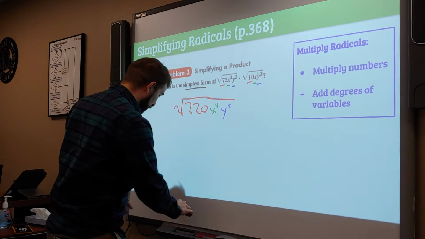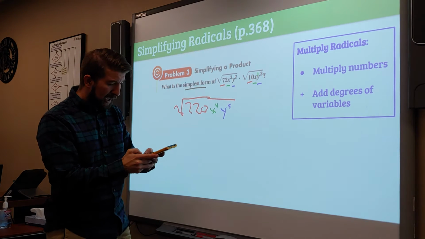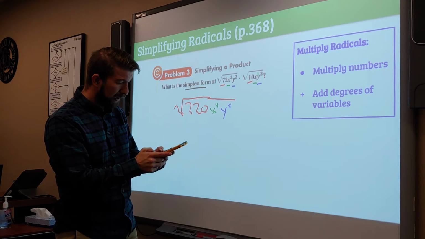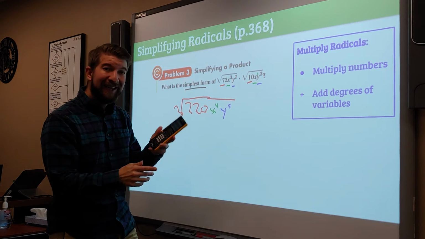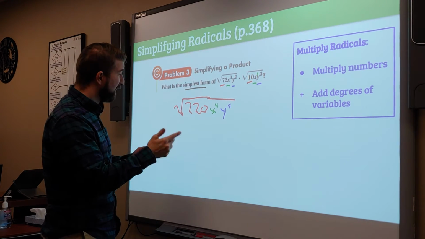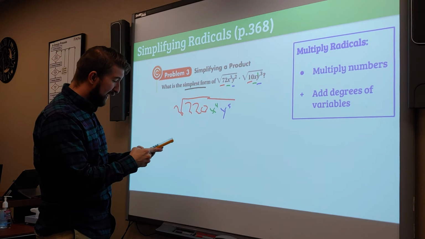Now if I wanted to simplify, they wanted me to get it in the simplest form, I'm going to have to do that long process that I just did on the previous slide. And so I'm going to just real quickly look and see, is there a perfect square of 720? There is not. And so that means I'm going to kind of start my process of breaking this number down.